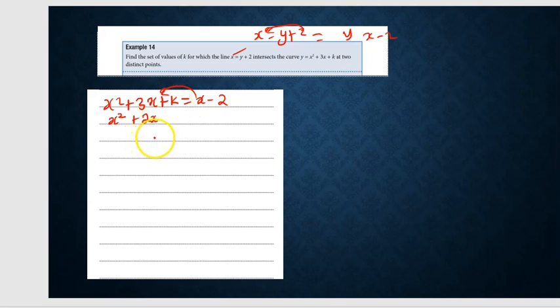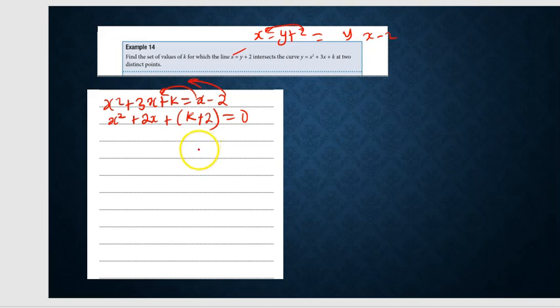Then we are going to have plus, we have k and we have 2. So this becomes k plus 2. This 2 becomes plus when we bring it to the left hand side, and this must be equal to 0. Right.